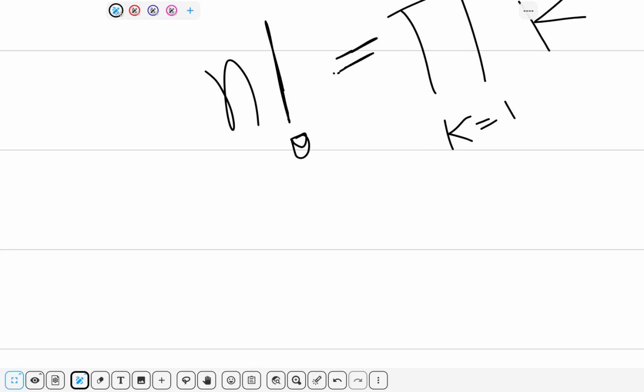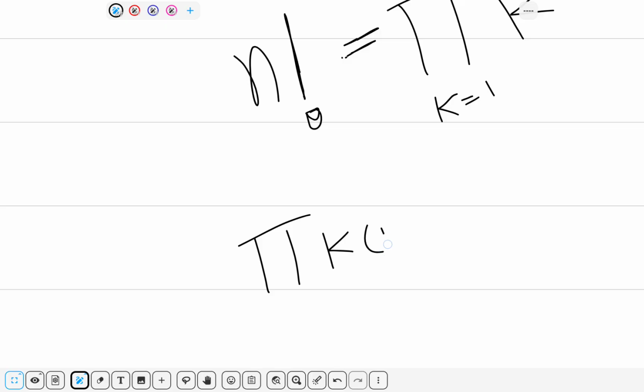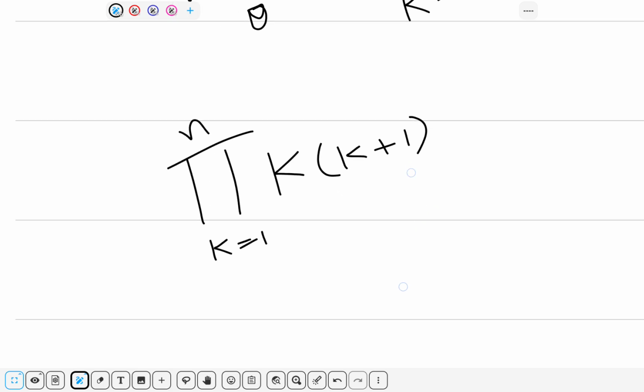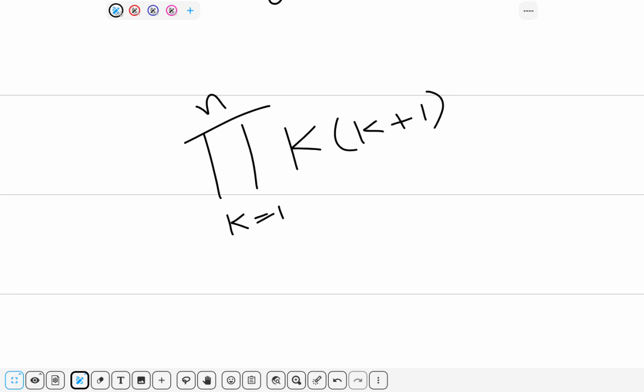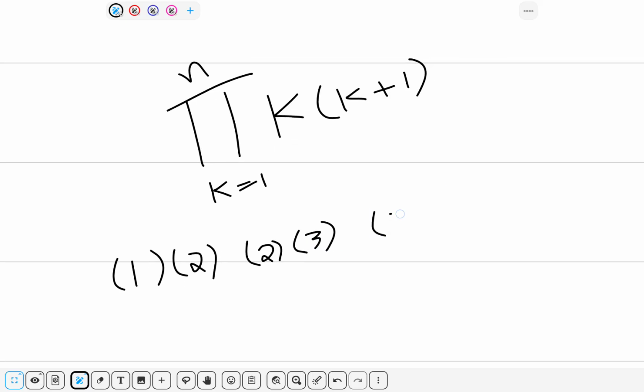And if I do something like this, it is also a valid example, but every time it will be my first generation, then my next generation will be 2 times 3, and then 3 times 4, and so on.